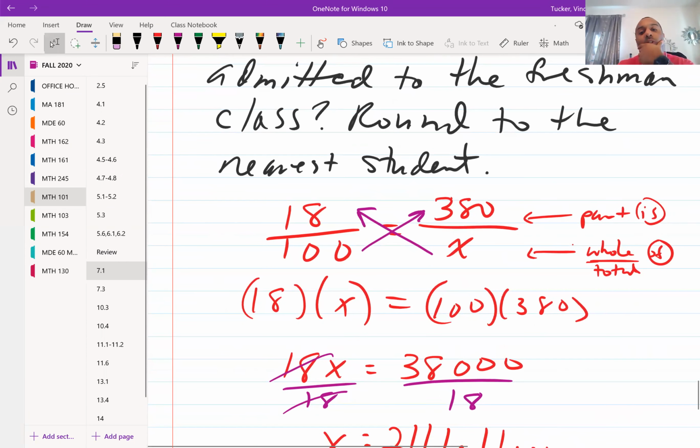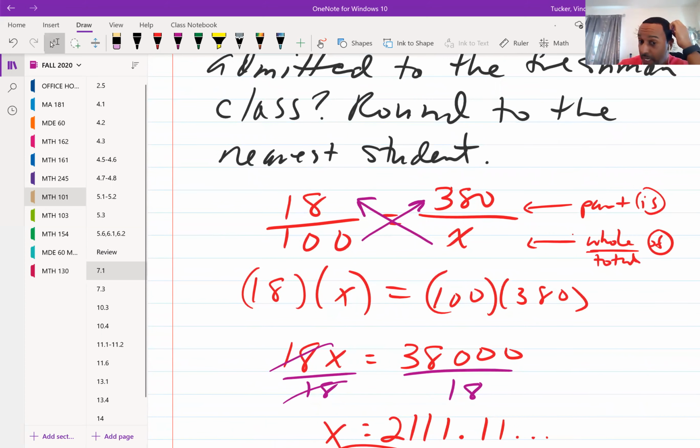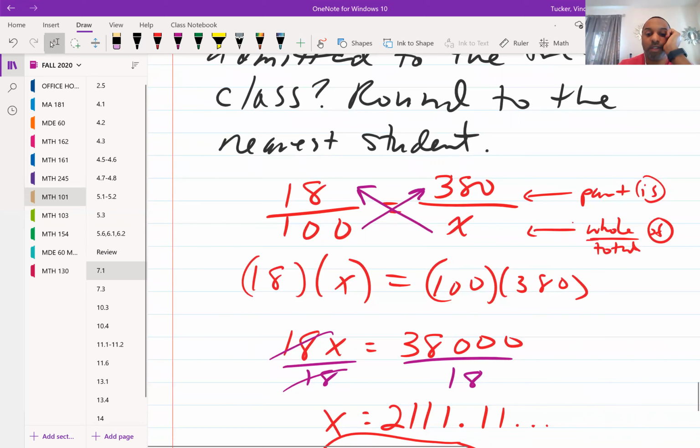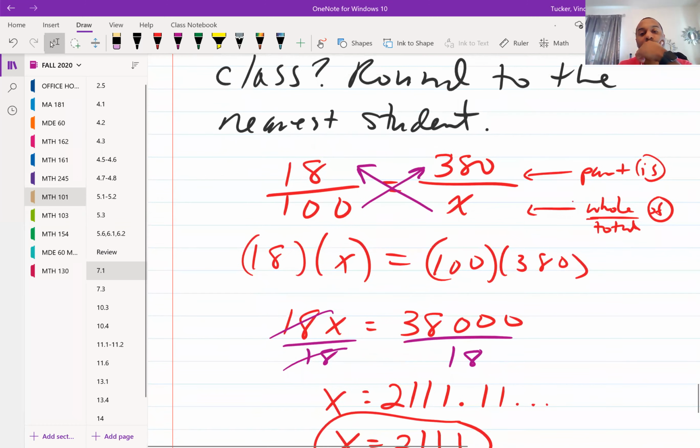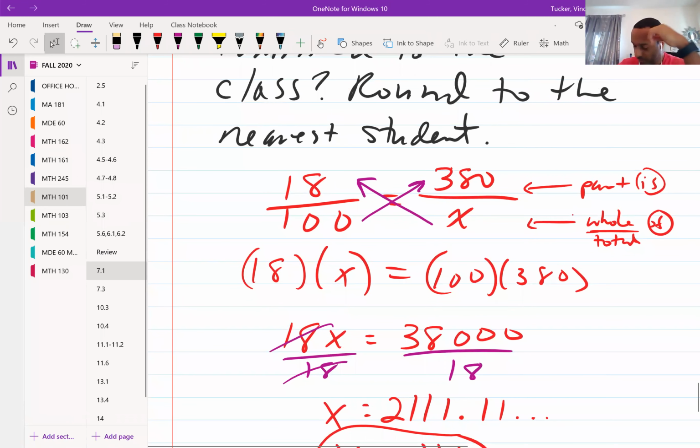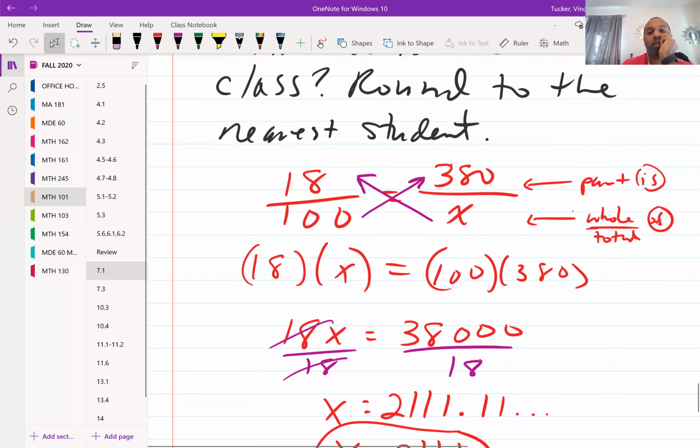18 times x, 100 times 380. And we divide both sides by 18. So it's 18 divided into 38,000. So that gives us 2,111.11 repeated. And it tells us to round to the nearest student.